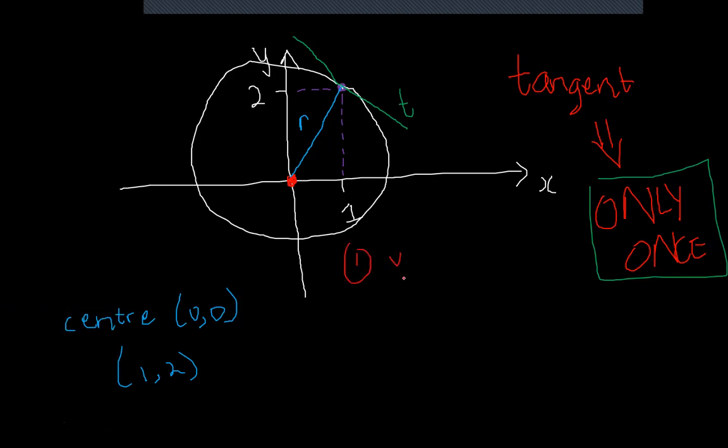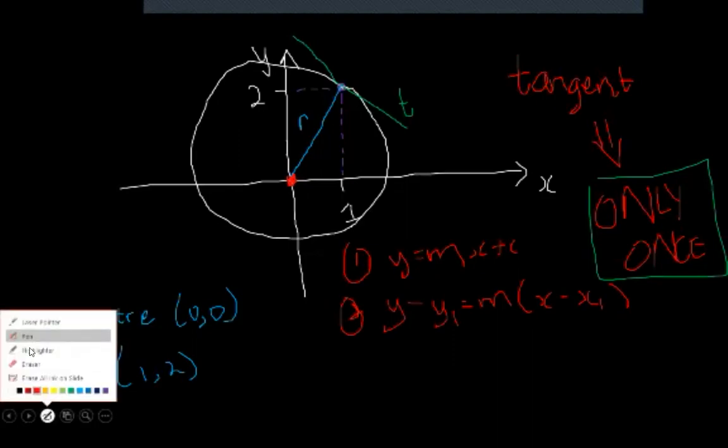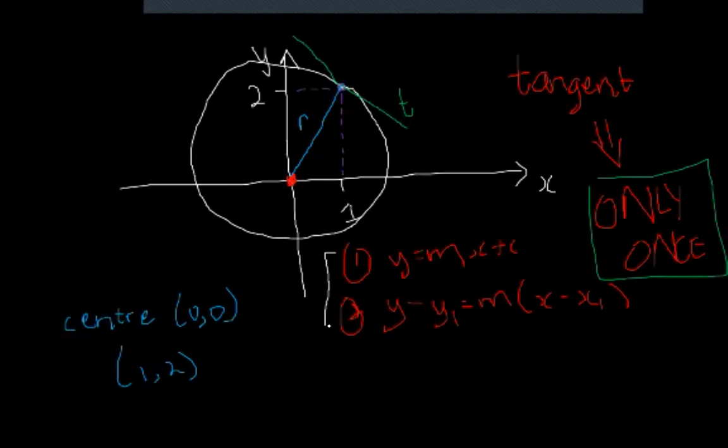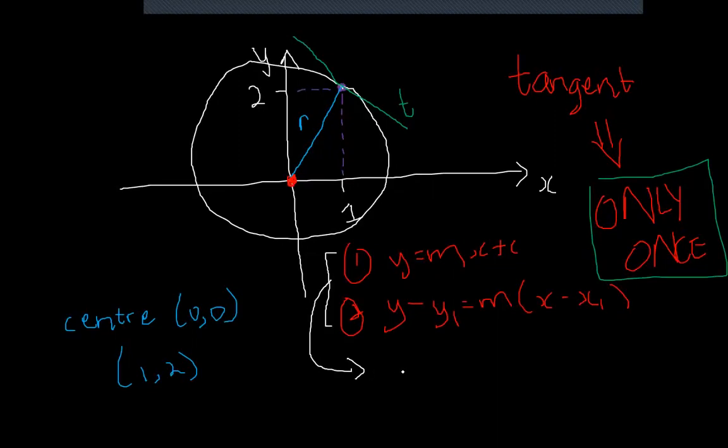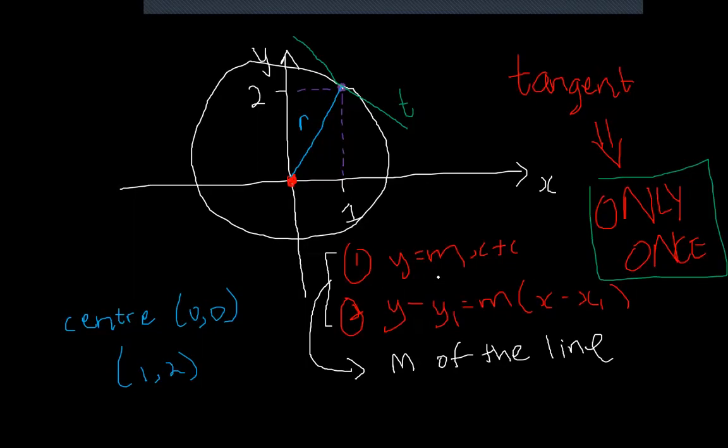We know to find the equation of a line, y is equal to mx plus c. We could use this method, or we could use this equation, y minus y1 is equal to m times x minus x1. But what you need to recall when using these two methods is that you're using the gradient m of the line. The next thing you need to find the equation of the line is a given point.